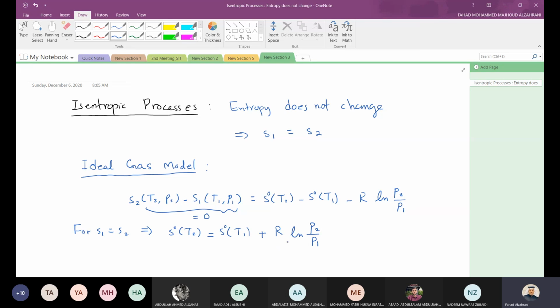Or in other words, I can solve for the pressure: P2 equals P1 times the exponential of S naught at T2 minus S naught at T1, divided by R.